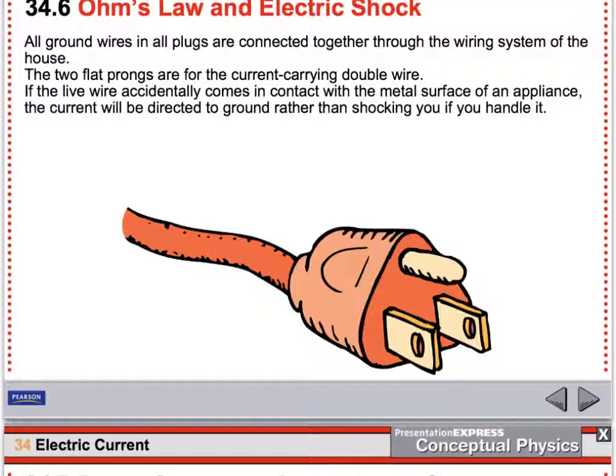If something shorts out and causes current to flow over the part of a device and you're touching it, instead of the current flowing through you, it will be directed through this ground, which offers it a lower resistance path to ground than your body. That's what the ground wire does. It diverts any current that's flowing in the wrong place back to a ground instead of through a person.